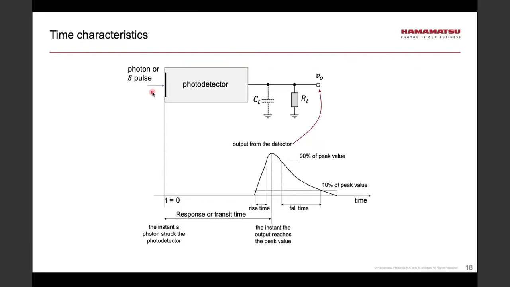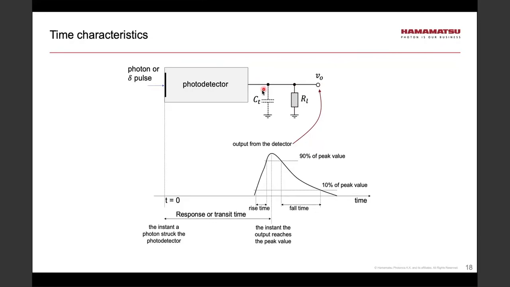Okay, so we have a single photon or delta pulse, and that photon strikes the active area at t equal to 0. Now the question is, when will we see a response on the detection side? This particular photodetector is terminated with the load resistance R sub L, which means that at some point in time I should expect to see some voltage build up on this resistor.